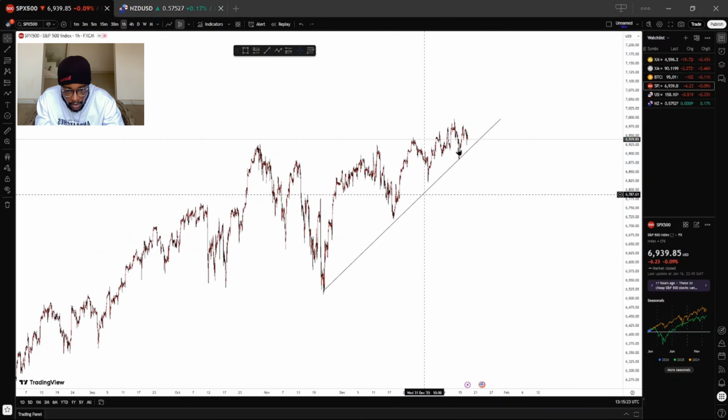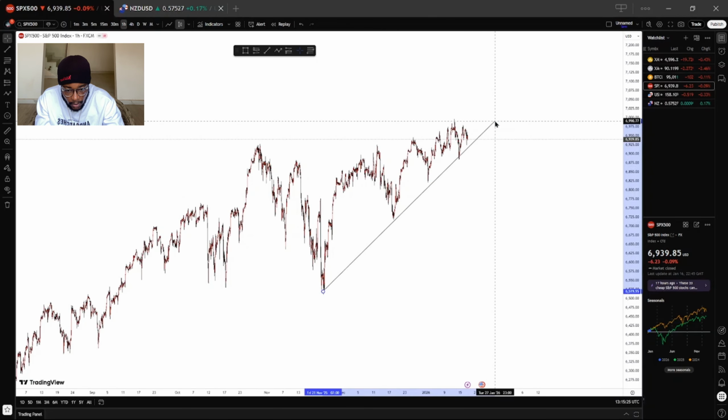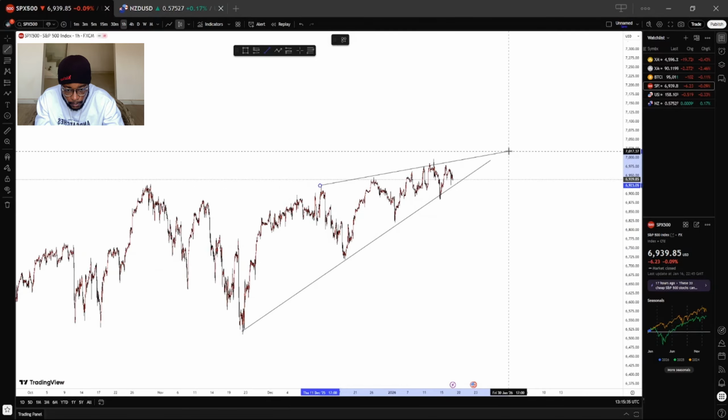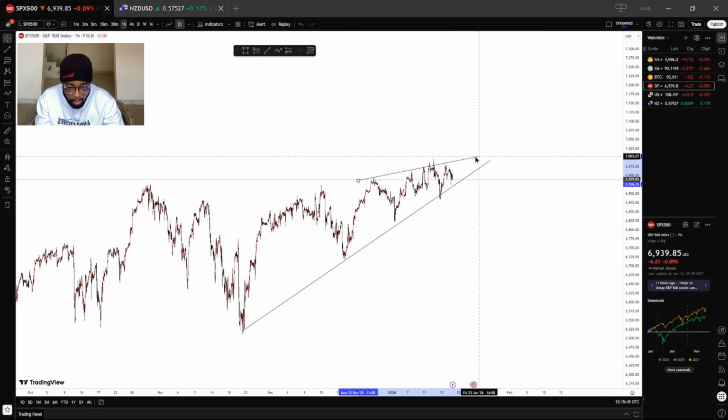And okay, I'm also seeing this. Or what do you guys think? Should I use this level rather? Okay, this level makes sense.